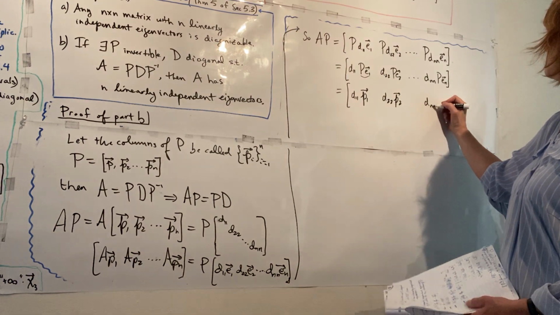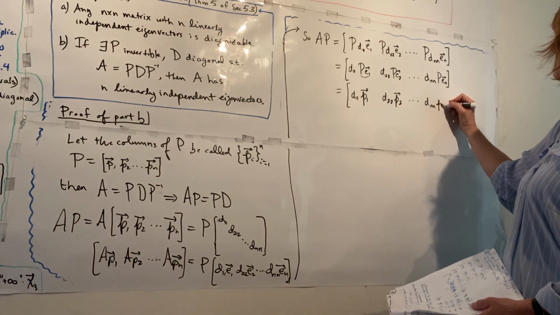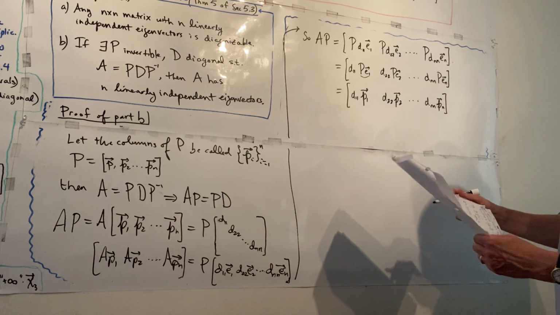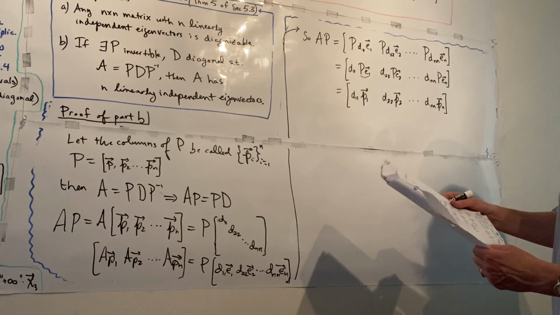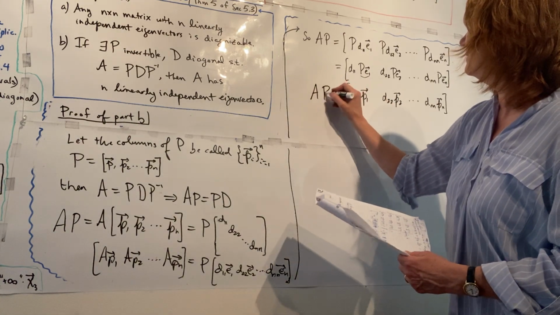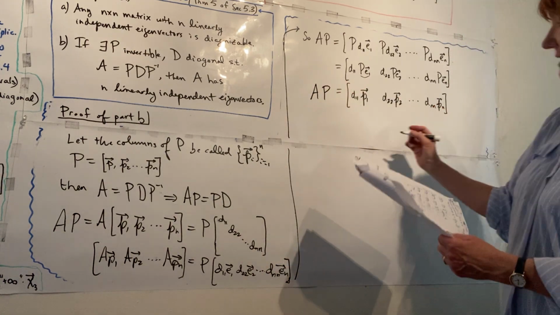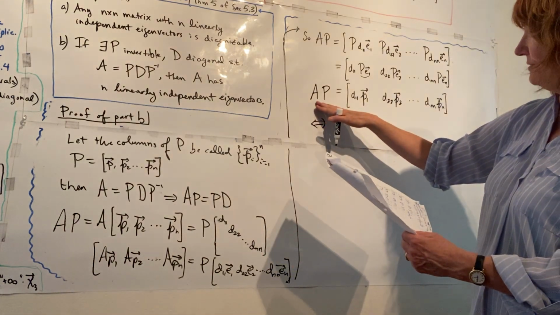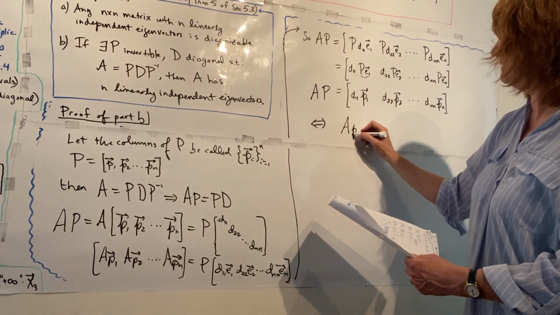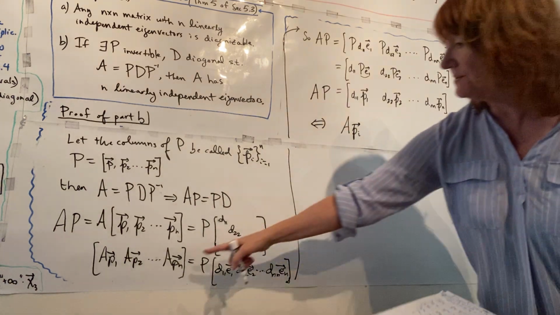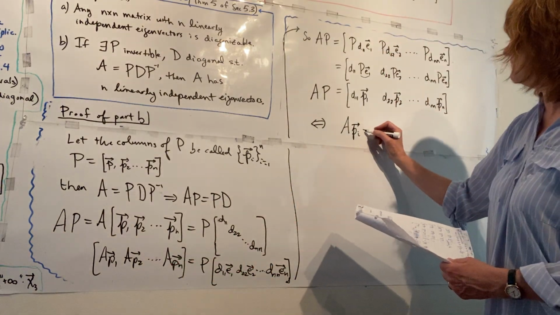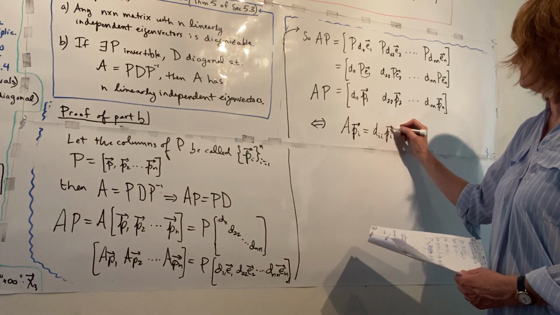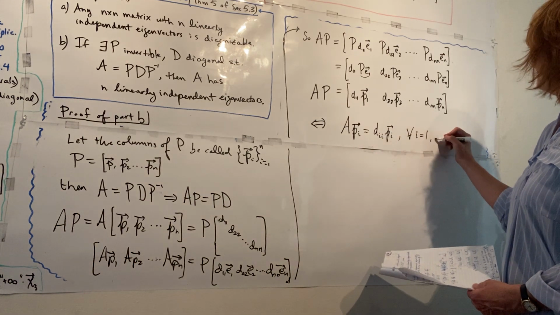This is Dnn Pn, the nth column of P. And so I've shown that AP is equal to this. And that's equivalent to saying, take the ith column of this. That looks like APi, right? One of those down there. APi is always equal to Dii Pi for i equaling 1 through n.